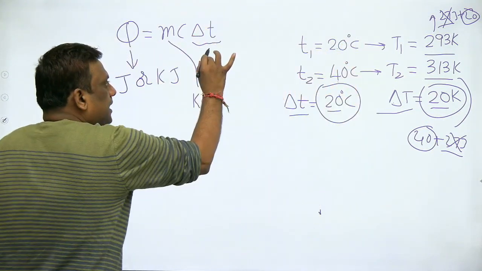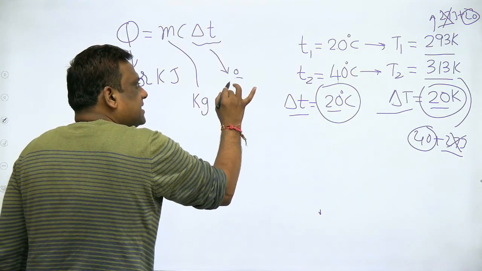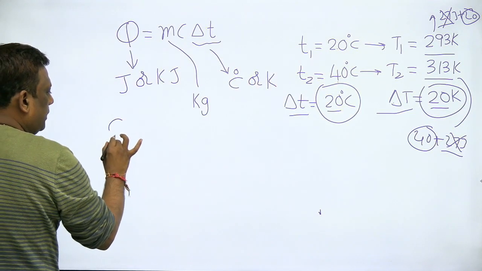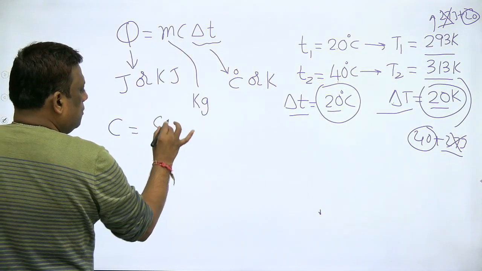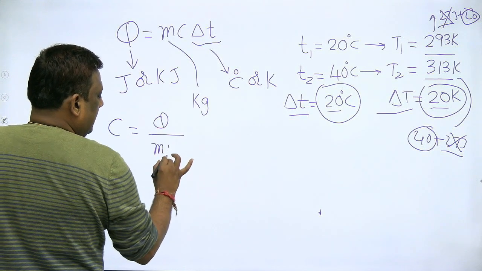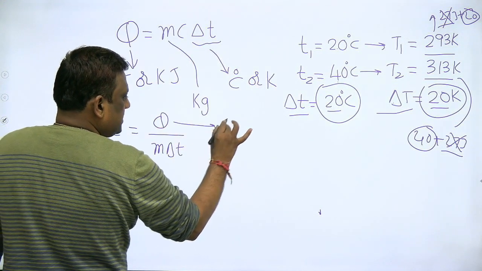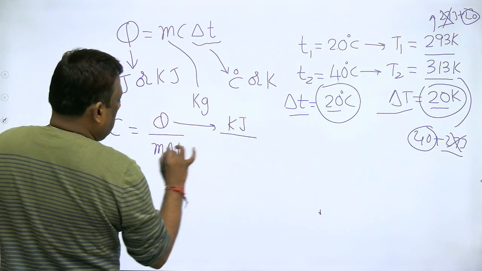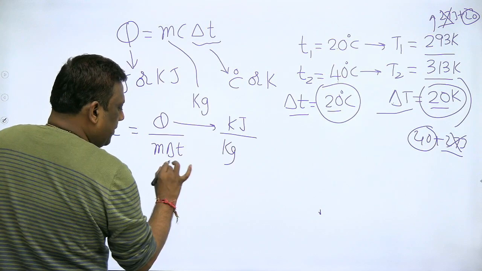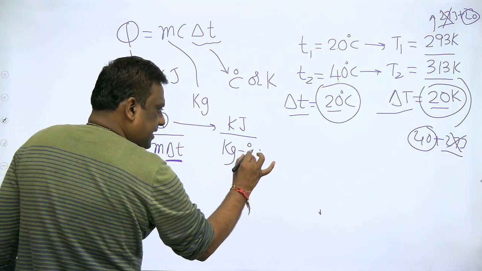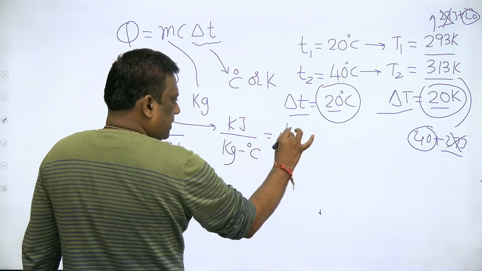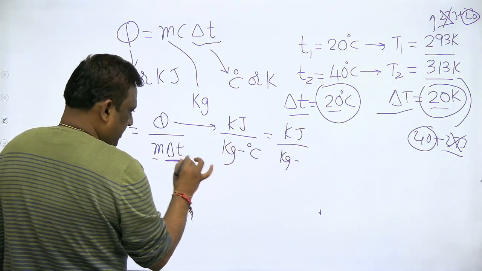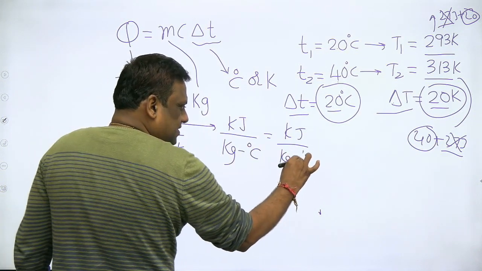Now let's see. So temperature difference, I can write it as degree centigrade or Kelvin. Okay, let us calculate what is C. What is C? Q by m delta T. Q is expressed either in joule or kilojoule, Q by mass in kilogram, and temperature difference, either I can write degree Celsius or Kelvin.